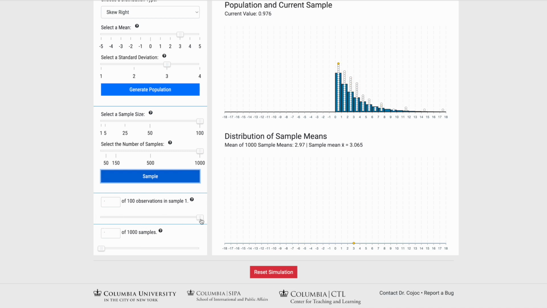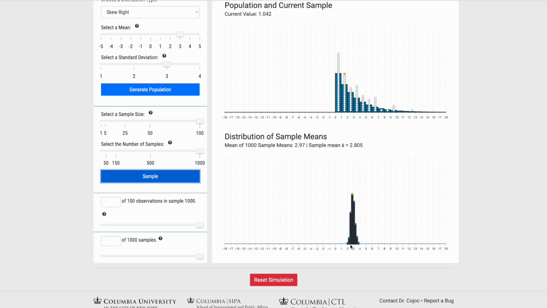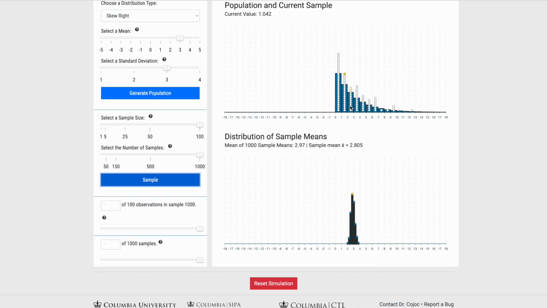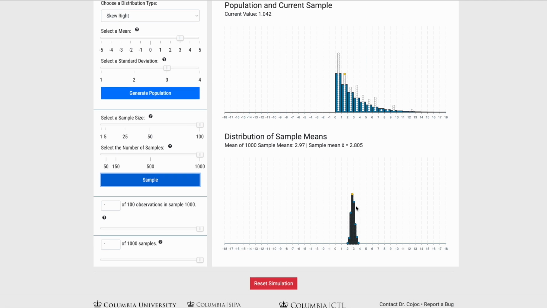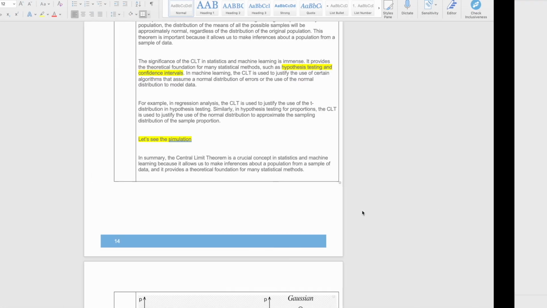Let's see if it is approaching a normal distribution. You see, my sampling distribution, which I'm generating from a population that is not Gaussian, is approaching the shape of a normal distribution. This is what the central limit theorem says.